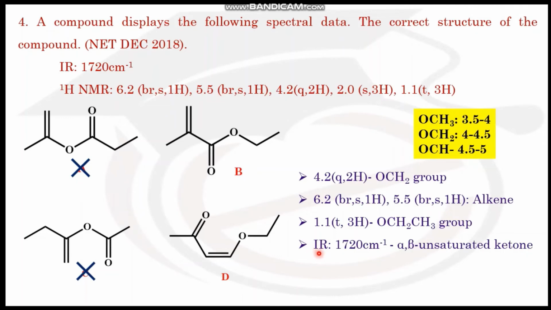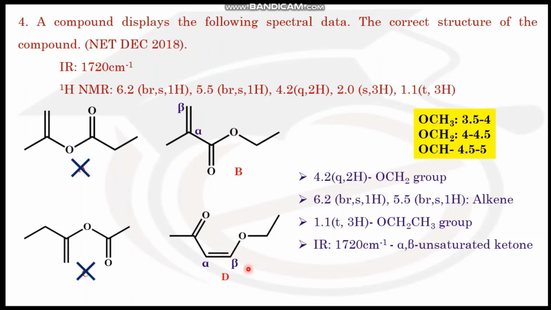Now you can see the IR value; it is an alpha beta unsaturated ketone. Consider B, whether it is an alpha beta unsaturated ketone. Yes, it is; this is the alpha carbon, this is the beta carbon. Coming to option D, this also is an alpha beta unsaturated ketone. But what is the difference between B and D? Here the double bond is on the left side, and the oxygen with the lone pair is on the right side.